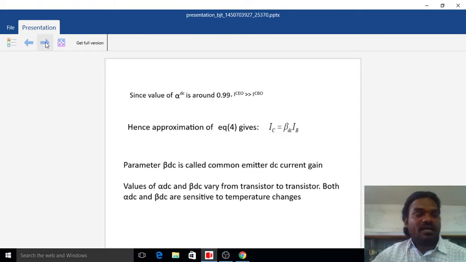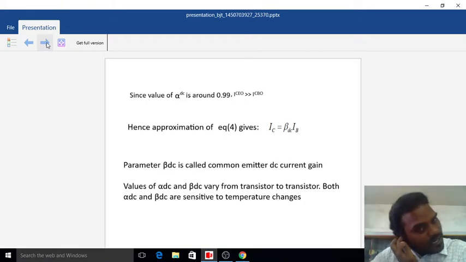Alpha is the current gain in the common base configuration. Beta is the current gain in the common emitter configuration, whereas gamma is the current gain in the common collector configuration. So we have three configurations for the BJT. BJT is a bipolar junction transistor. It has three terminals: emitter, base and collector.